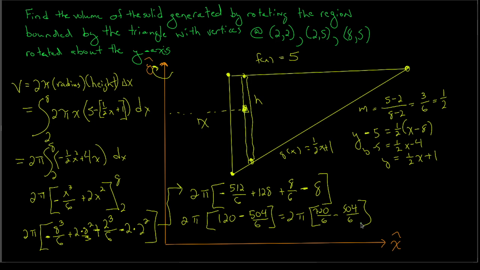So 720 minus 504 is 216. And let's see if I can do any simplification here. 2 goes into 6, leaving 3. 3 goes into 216, I get 72 pi, which is the answer. Yay, keeping the fractions.